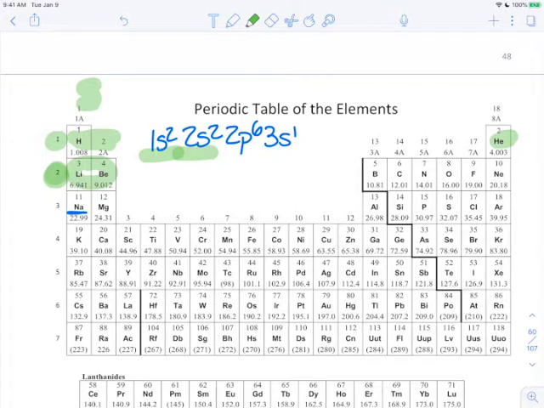And then second row, P block, and we had 6 elements. That is our 2p6. And then third row, we're in this S block, first element, and that is the 3s1. So any questions about how we got this configuration, 1s2, 2s2, 2p6, and 3s1?